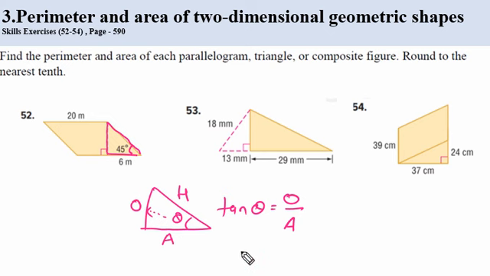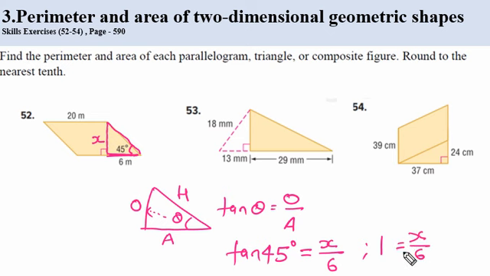So tan 45 degrees equals opposite, which we don't know, so let's take x, over adjacent, which is 6. Tan 45 degrees is 1, equal to x over 6. Do the cross product. This 6 will go this side. So x is equal to 6 multiplied by 1, 6.